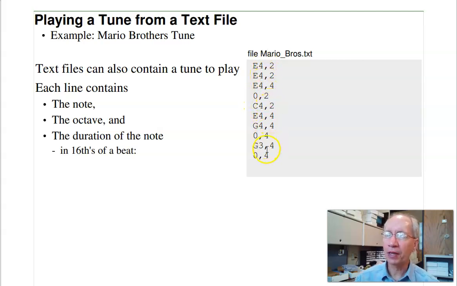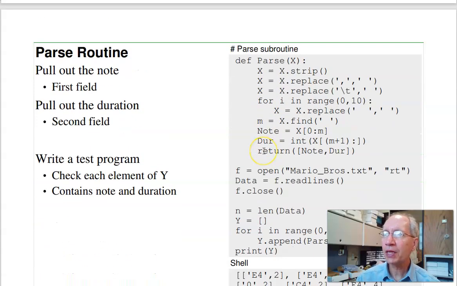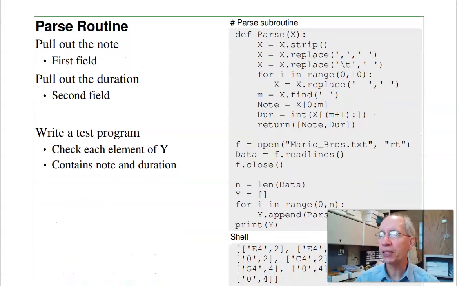I want to play that file. So to do that, I need to come up with a parse routine. What that one does is, if I have something like E4, I need to pull out this string, and then the number of beats, like 3, pull out that string. So that's what this parse does.